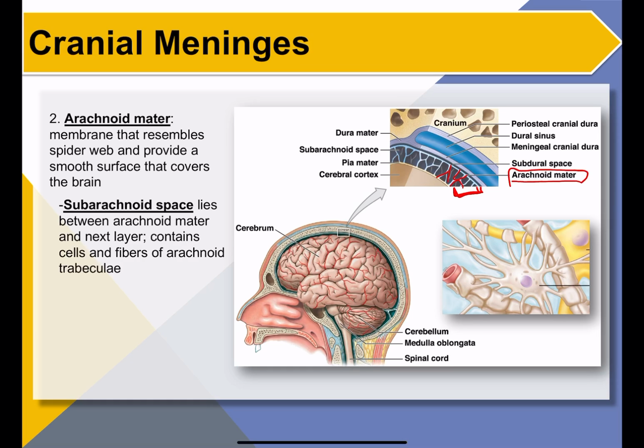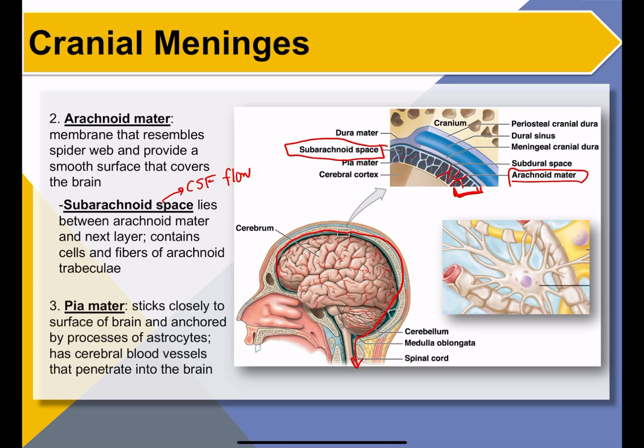It continues around the entire brain, all the way down and into the spinal cord. This subarachnoid space is formed by the arachnoid mater, and this is where cerebrospinal fluid will flow for both the brain and the spinal cord as well.